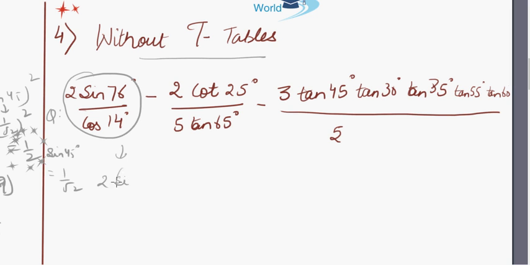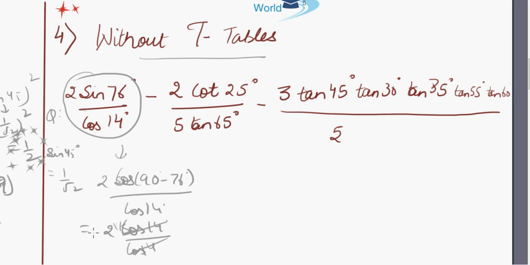So sine 76 is cos of 90 minus 76 degree over cos 14. So it will become 2 cos 14 degree, because they are complementary pairs, so 76 will be reduced to 14 when subtracted from 90 degree. So now numerator gets cancelled by denominator, leaving only 2, and hence the value of the first part is 2.